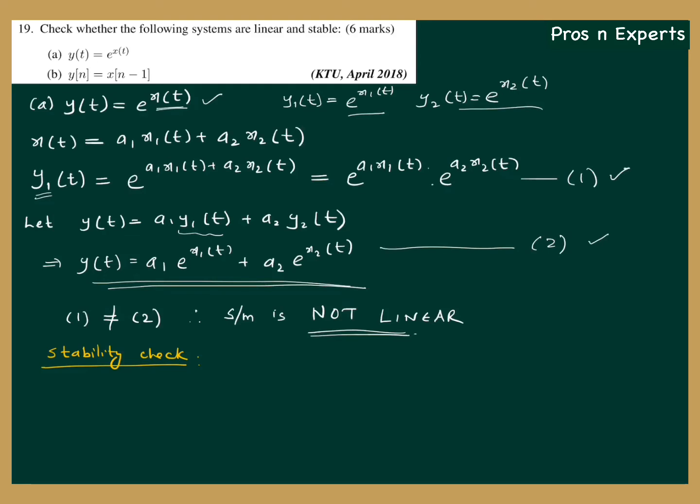BIBO stability says that if you take an input which is bounded, then it should give a bounded output also. That is, bounded input should give a bounded output. Such systems are BIBO stable.